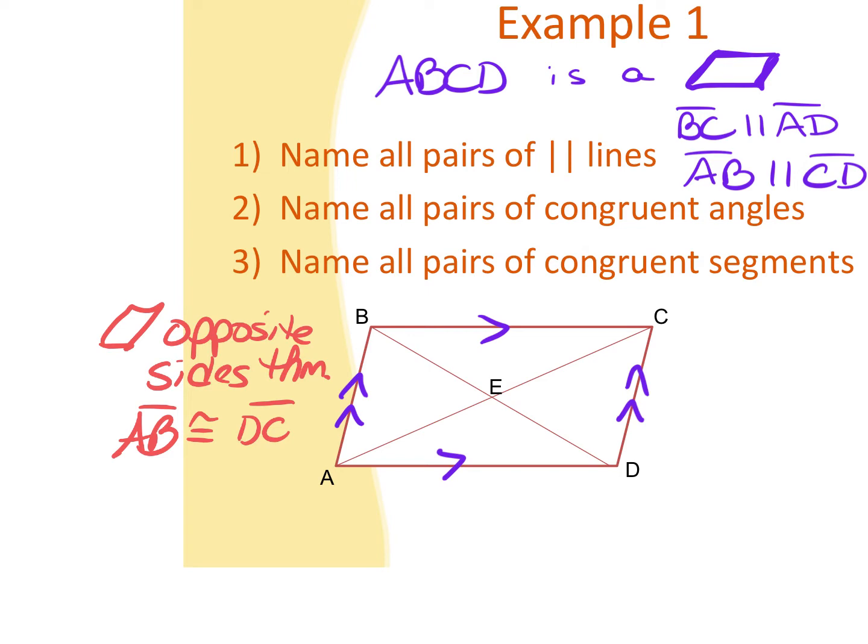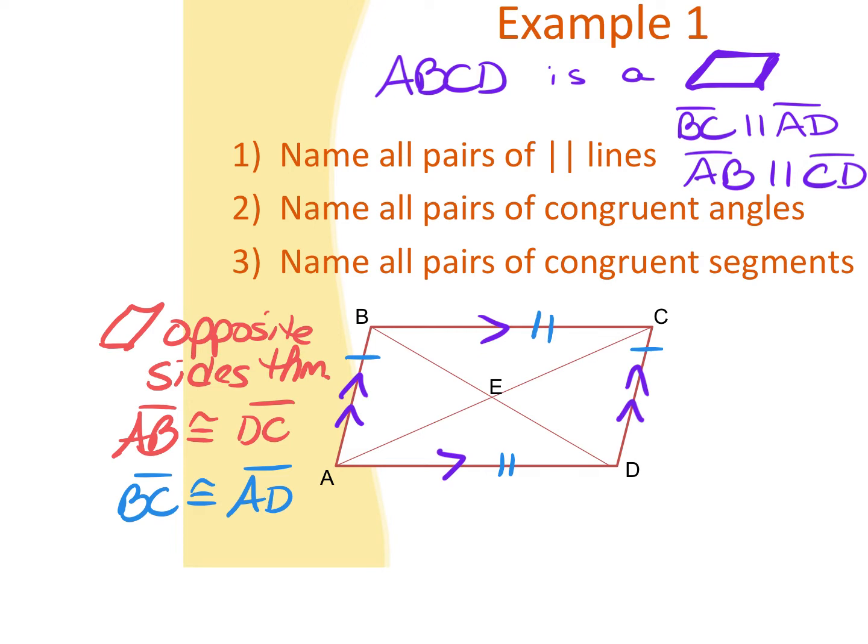It doesn't matter. I can also state that side BC is congruent to side AD. So I can add in congruency marks. So remember, those purple arrows only indicated that they were parallel. The congruency marks show that they're the same.